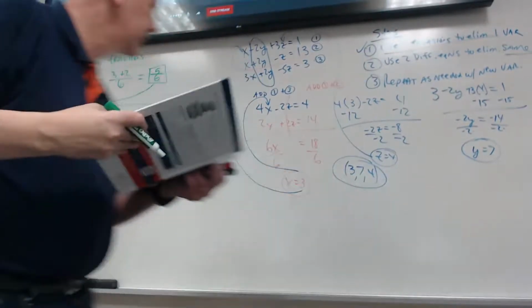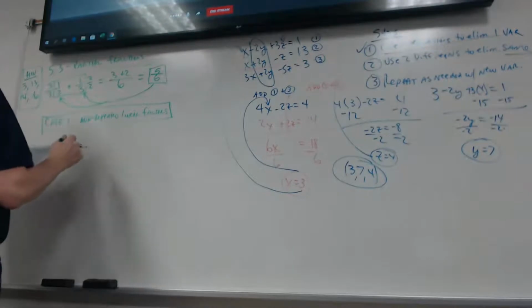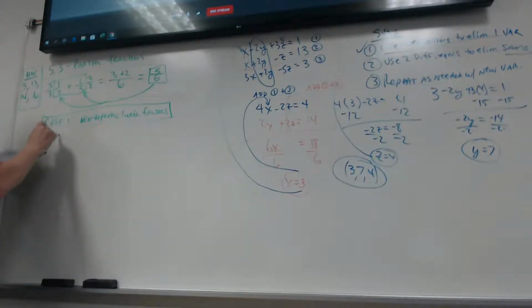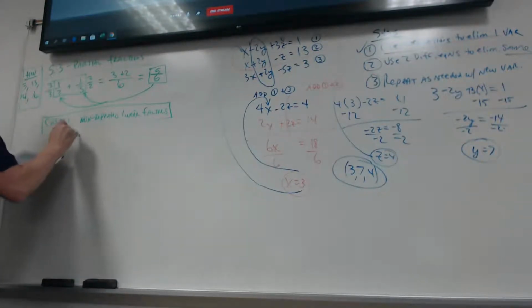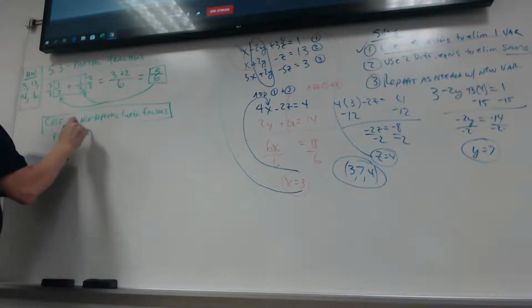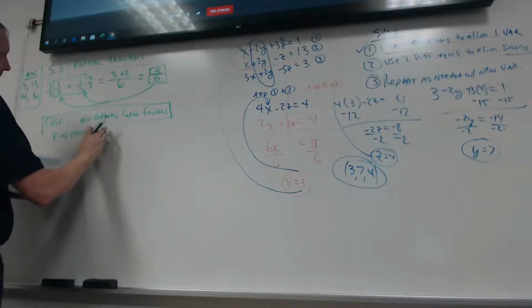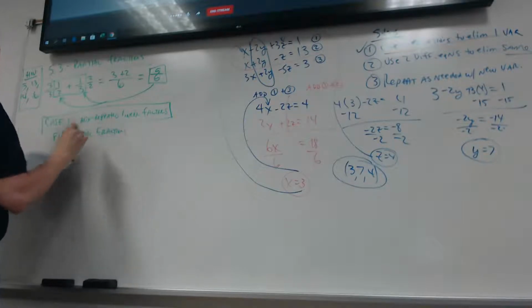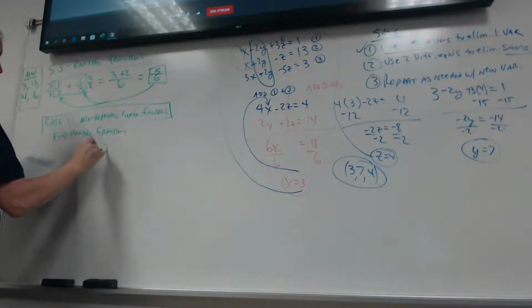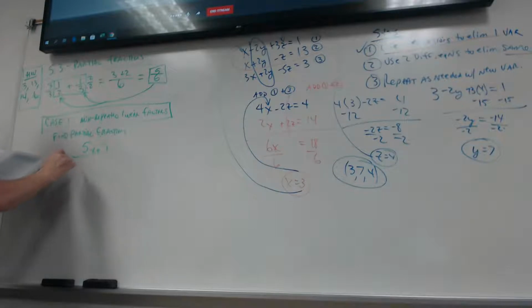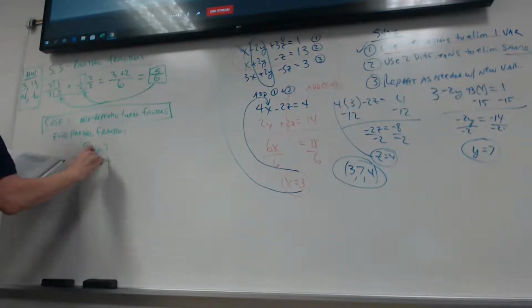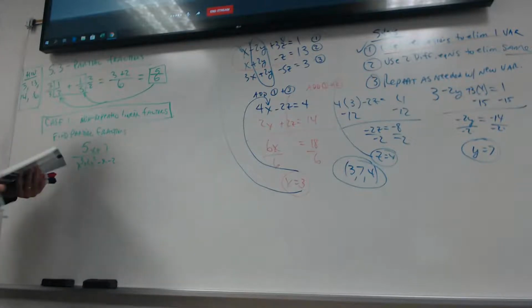And the problem is find partial fractions for 5x plus 7 over x cubed plus 2x squared minus x minus 2. Okay?